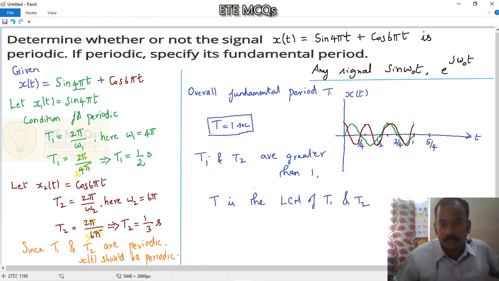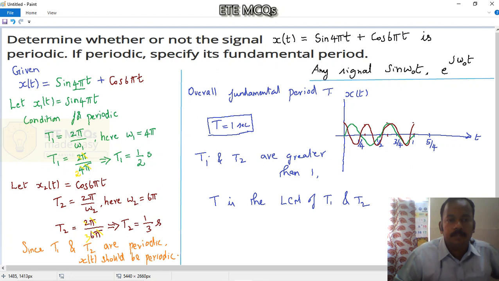This is applicable only for the case when the fundamental periods of the individual subsignals, here we have two subsignals, are greater than 1. If these are 2 by 5 and 2 by 3, the overall fundamental period is 2, because 2 is the occasion at which both the signals terminate as well as start in unison together.